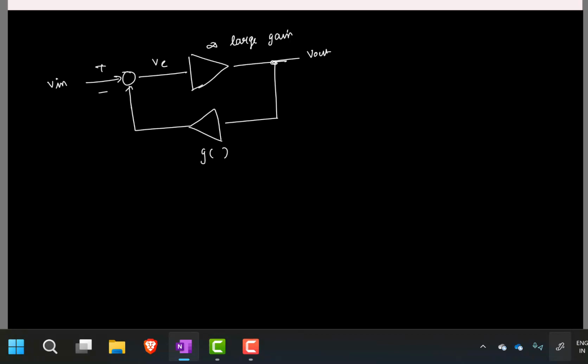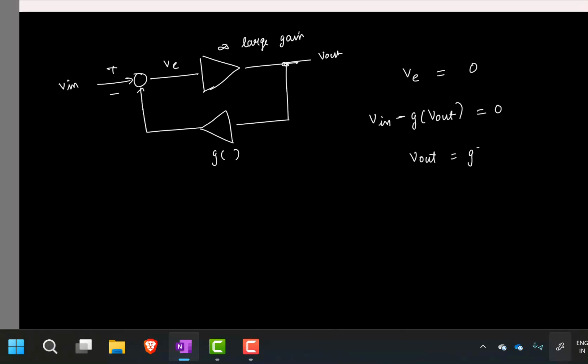Again, we have an infinitely large gain in the forward path. What can you say about the error signal? 0. And what is the error signal? V in minus G of V out, which is 0. So what is V out now? G inverse of V in.